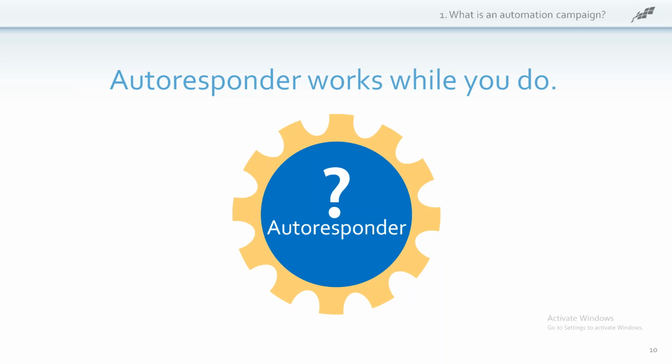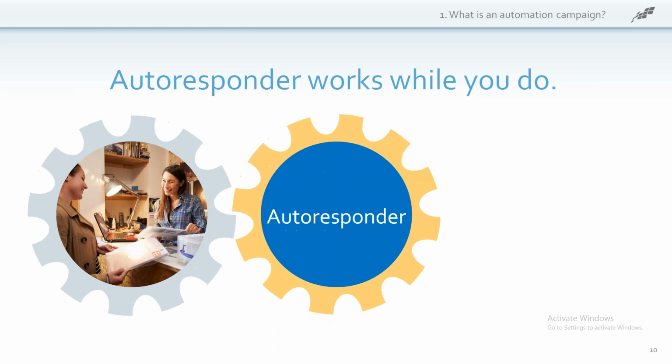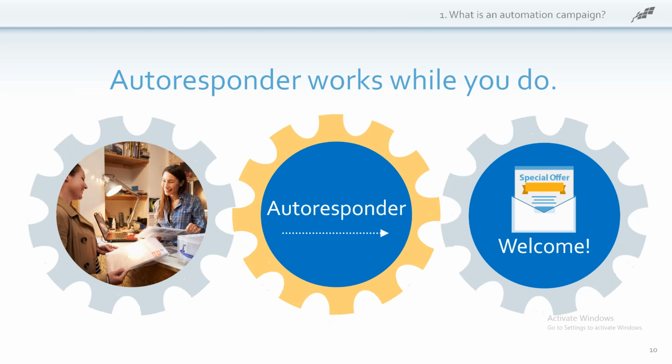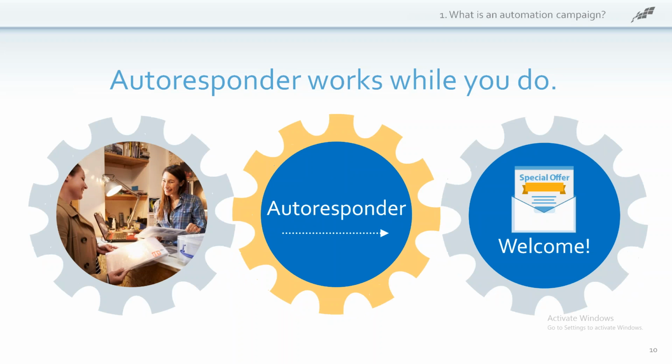So what are autoresponders and how do they work? Autoresponders work while you work. I could be tweeting right now. So while you're taking care of business, your autoresponders will be welcoming new subscribers into your community on your behalf, and you can rest assured that they'll receive the timely information they need to begin to establish a relationship with your organization.